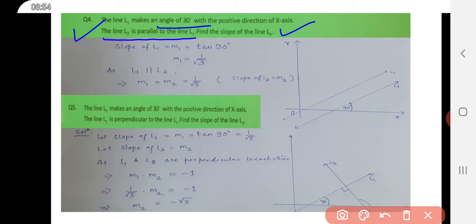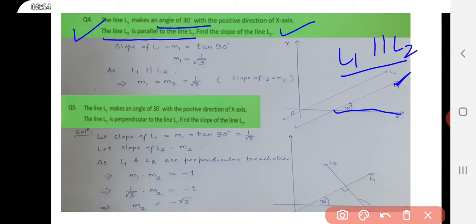Here two things are given. One is the angle of inclination of line L1 is 30 degree with positive x-axis, and L1 is parallel to L2. Two things given.